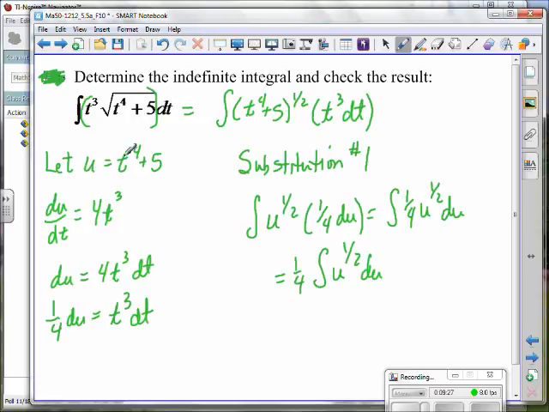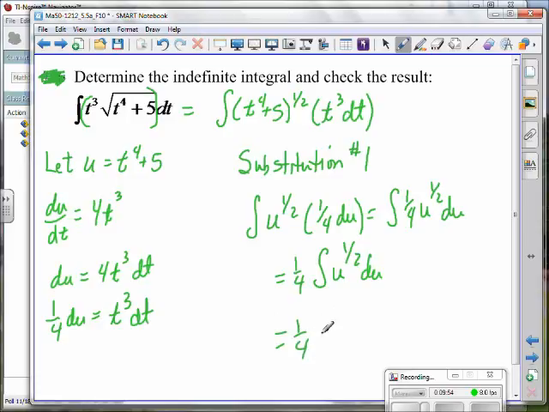And so if I let u be that, I take its derivative, and I multiply both sides by the differential dt. And what I'm aiming for is I want to replace this piece with something in terms of u, du. And I can do that if I divide both sides by 4, and I've got this really nice simple problem now.